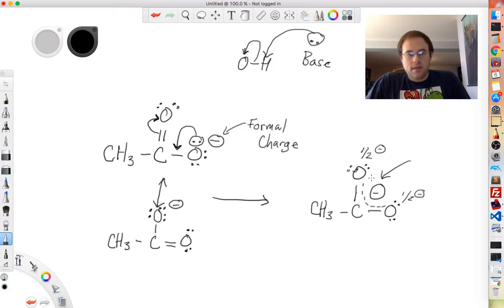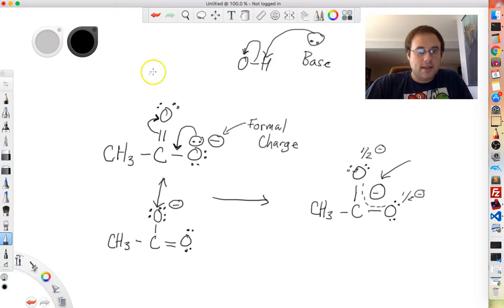This is a good thing, because formal charges are not particularly stable. We see them in a lot of intermediate structures, but we tend not to like formal charges hanging around in final compounds. If you have a formal charge, it's preferable to spread the extra electrons, or lack of electrons, over multiple areas.